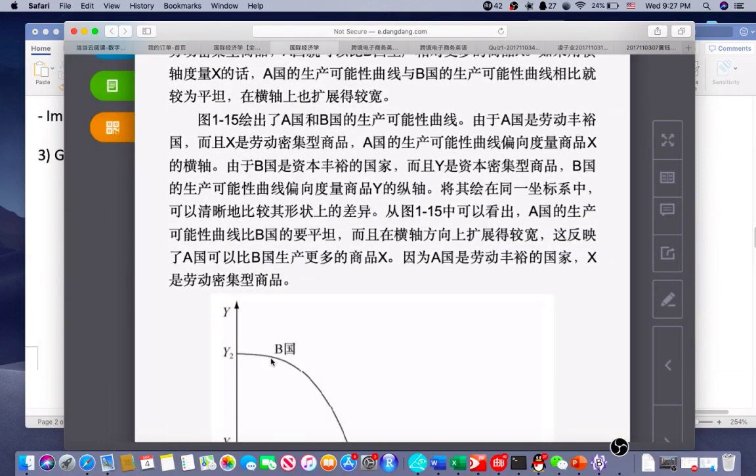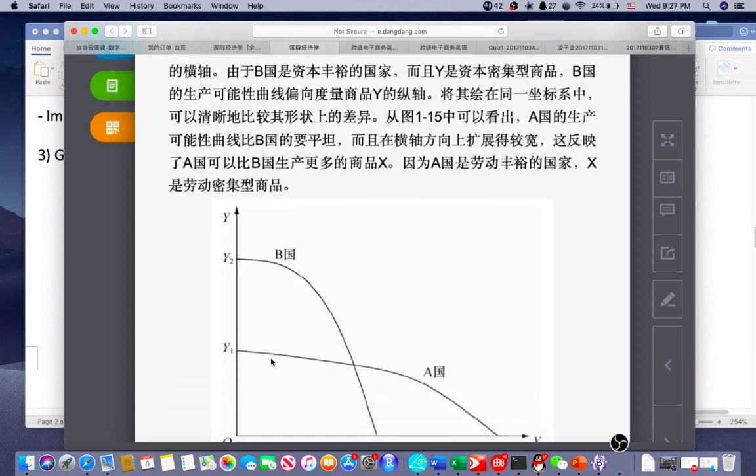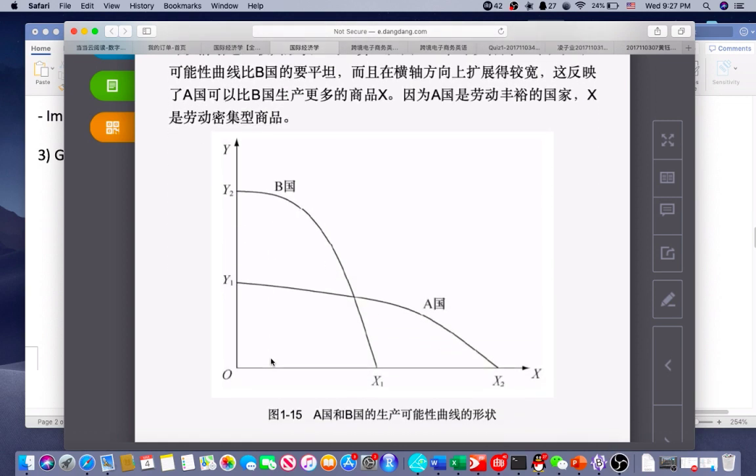That will lead to the reallocation of resources. The greater the difference between relative prices, the more gain from the trade.